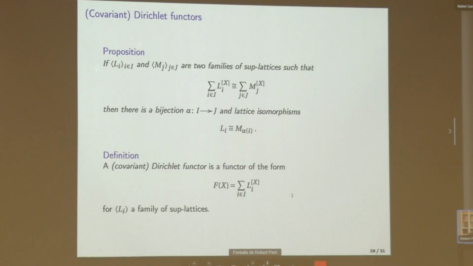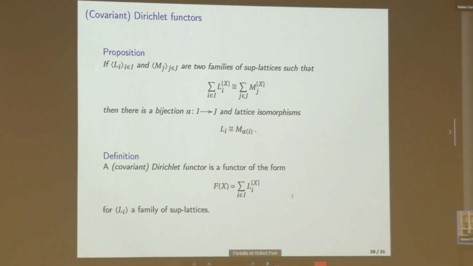The bijection on the indexing sets is easy because these L to the brackets x are connected, so that I is just the set of components of these functors. It's a little bit tricky to prove that you get an isomorphism of lattices here. And so I now define a Dirichlet functor to be a functor of this form here, for L_i a family of sup lattices.